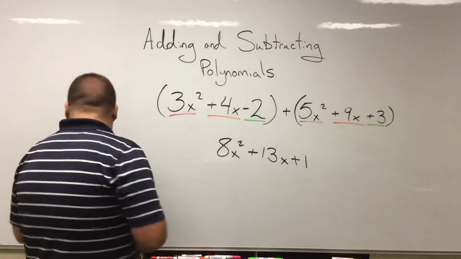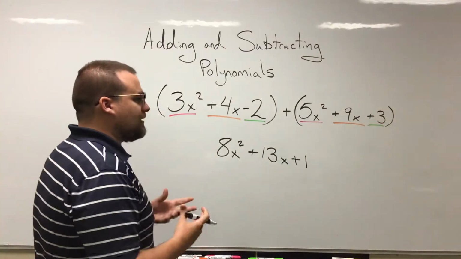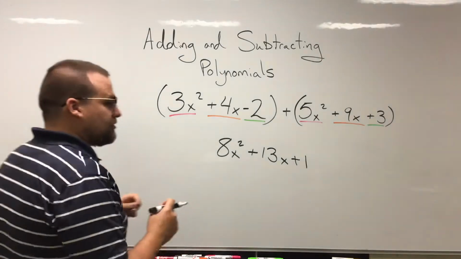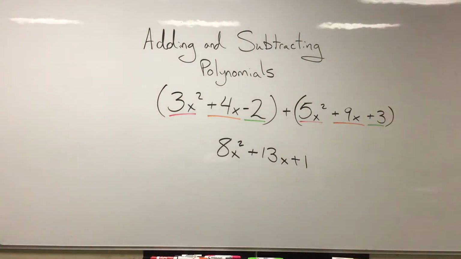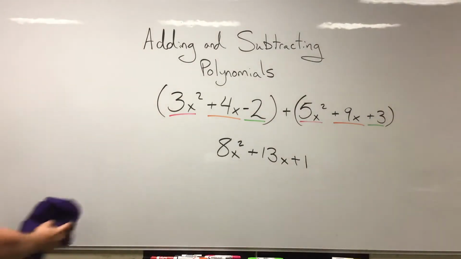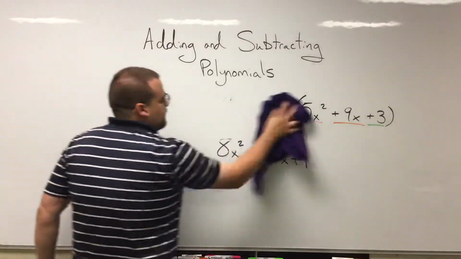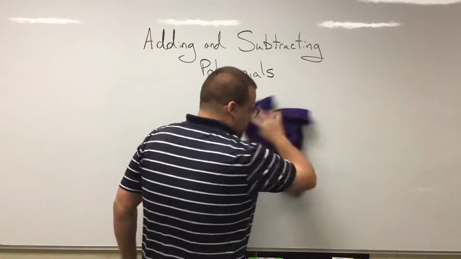It's going to be important that we recognize the difference between addition and subtraction. Let me grab my eraser here. I'll clear this out and we'll write a new one.